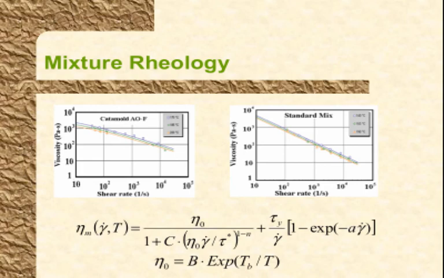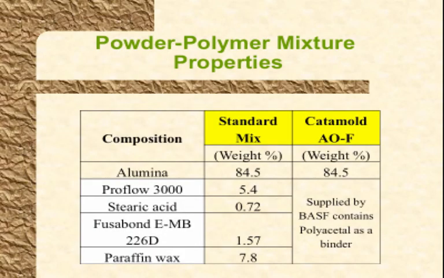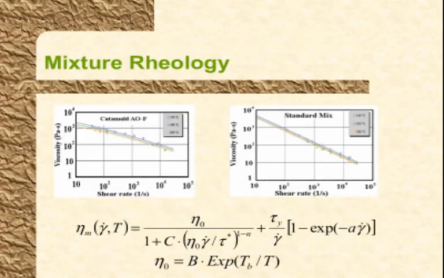So what we are trying to do now is compare, for these two materials, the different mixture properties. First one is rheology: viscosity as a function of shear rate at different temperatures.